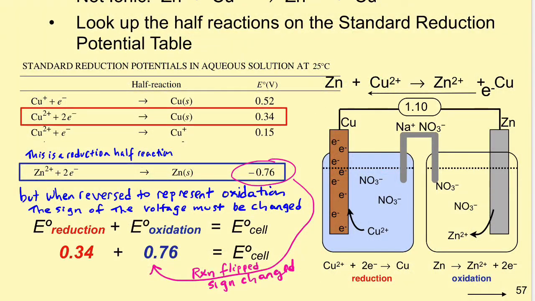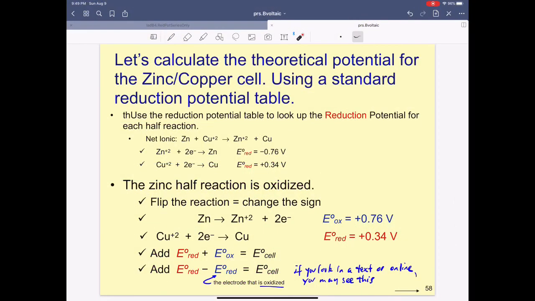It's really important to be aware that when the reaction is flipped, the sign of the voltage is changed. If you look at a text or online, you may see this equation. Instead of the one that I would prefer to use, E reduction added to the E oxidation is equal to the E combination or the E cell, you may see E reduction minus E reduction.